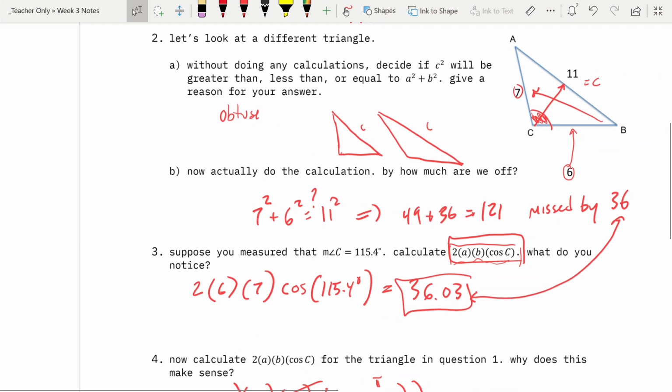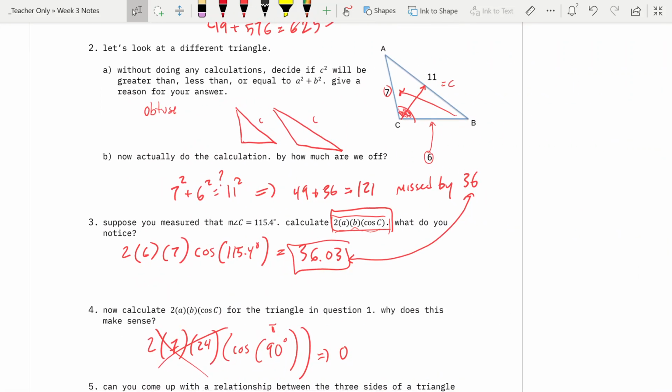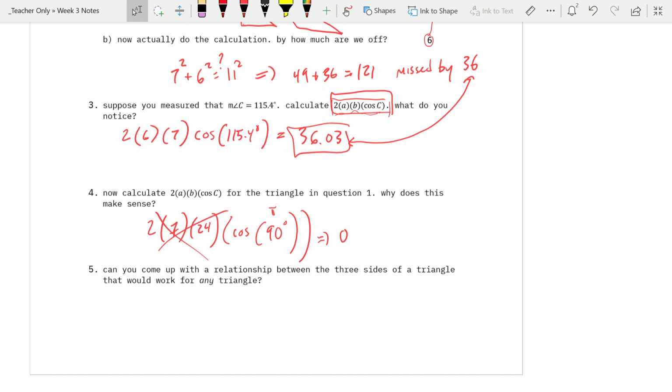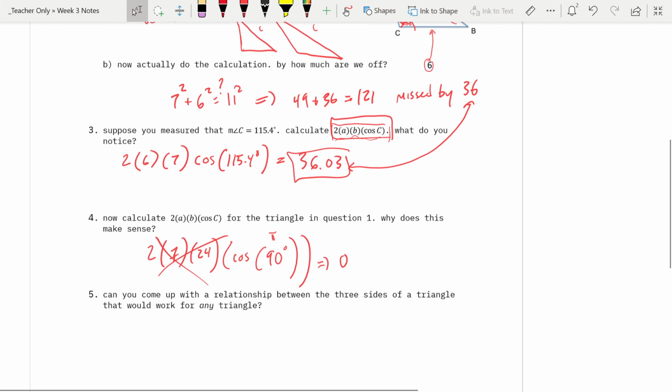So we had this triangle, and we knew that AB cosine of C, if we added that to our other side, we would end up with the correct answer.